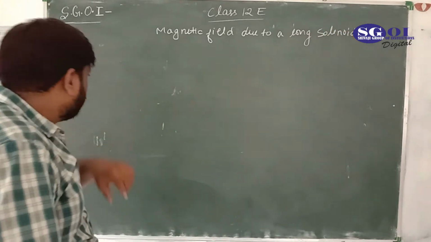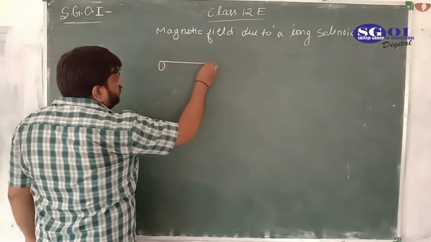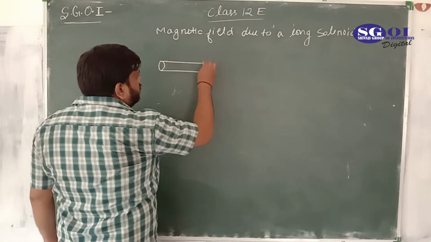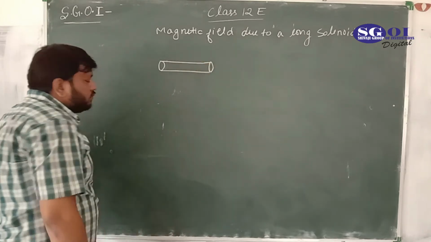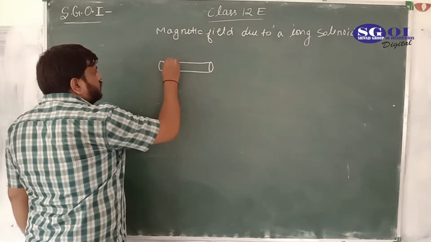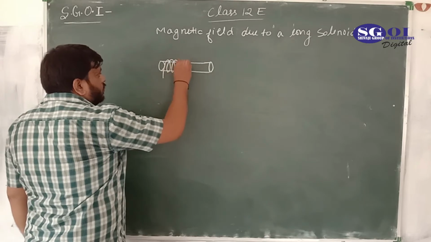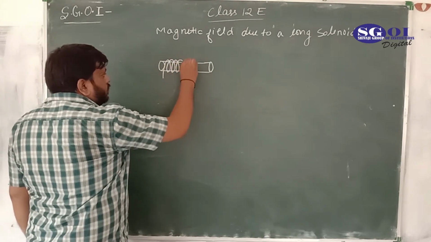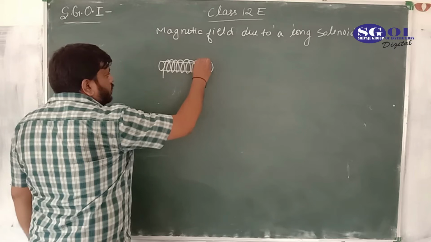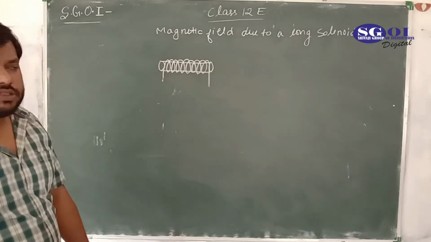Magnetic field due to a long solenoid. Let's draw a figure of the solenoid. This is a solenoid.